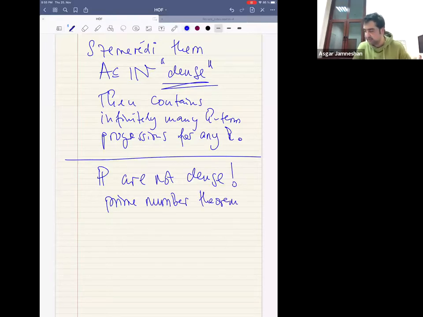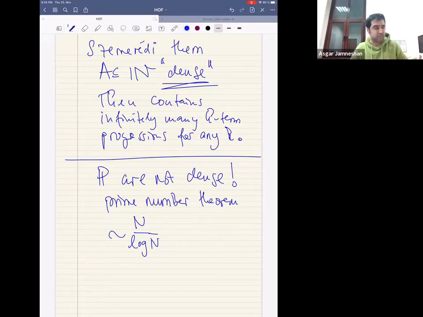The primes have a density which is asymptotically of this form. So the density of the primes is something like n over log n. This means that the number of primes below n is of this size.